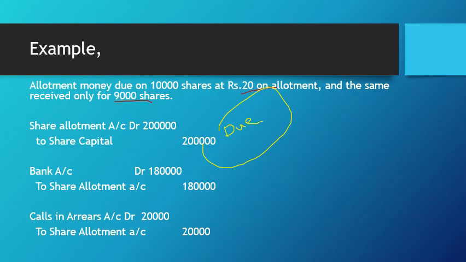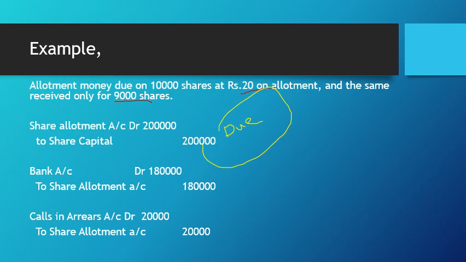This is the case when we are opening a separate account called calls in arrear. We have to show the difference in the calls in arrear account to share allotment. I hope all of you got this one. Actually, there was a calls in arrear of rupees 20,000, so it is debited to a new account called calls in arrear account, debit to share allotment. This is the second method, opening a calls in arrear account.